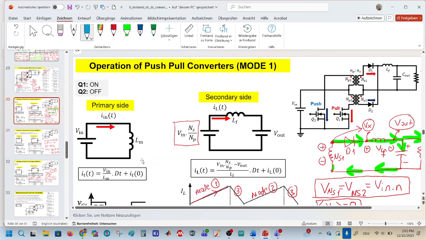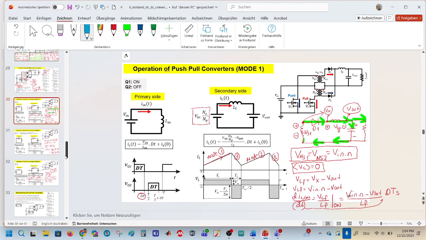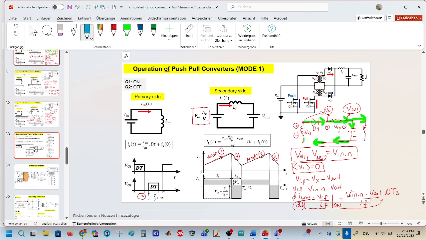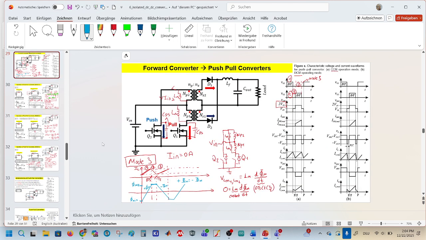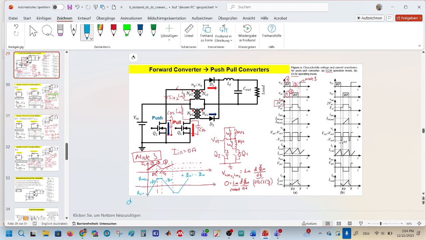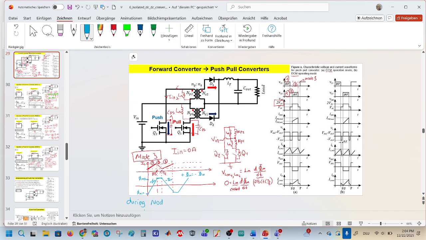We can maybe note here. During the third mode, there is no energy transfer from primary to the secondary, because it acts like there is no transformer in the circuit.